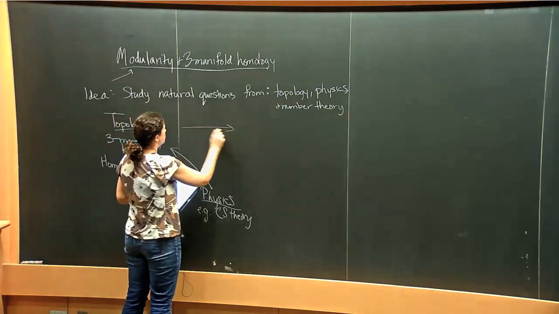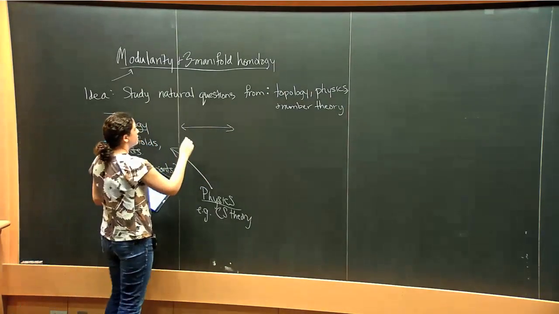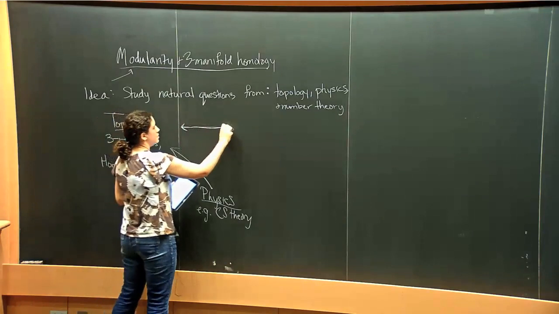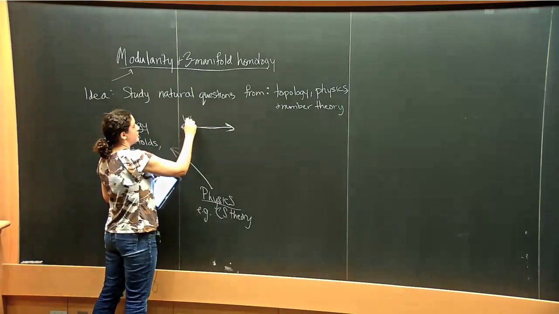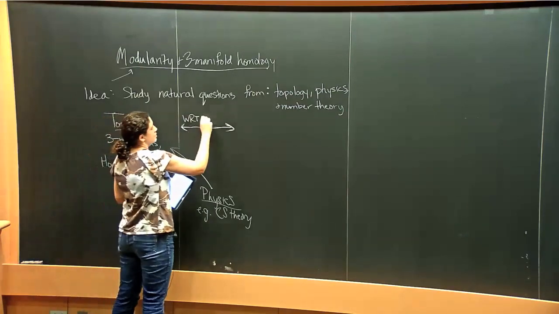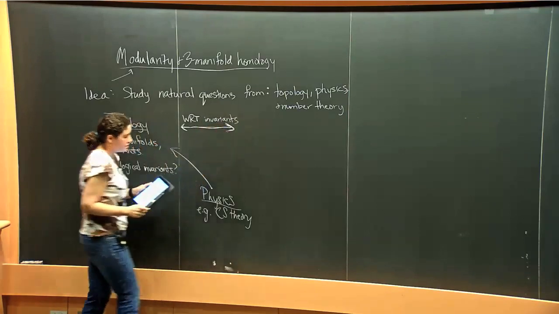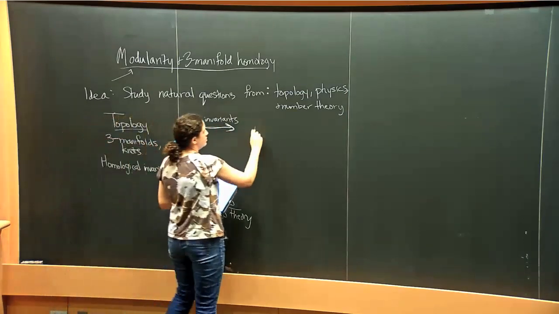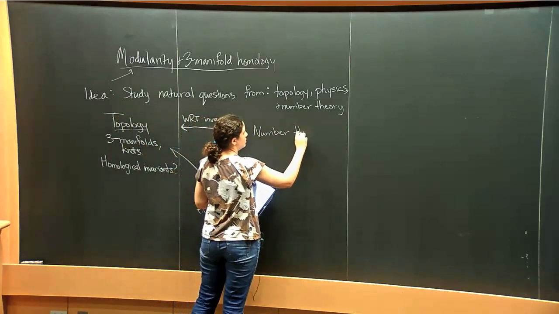And it turns out that objects that you might want to compute in Chern-Simons theory, like just the value of the Chern-Simons path integral on a 3-manifold, which are known as WRT invariants for gauge group SU2, are related to objects which arise in number theory.